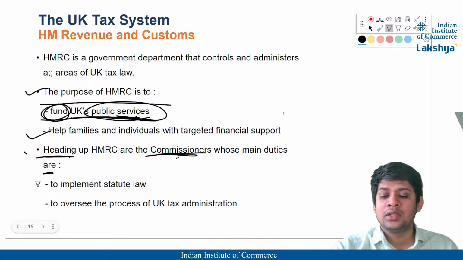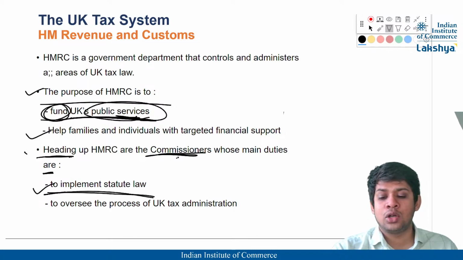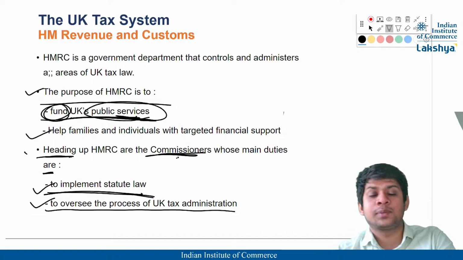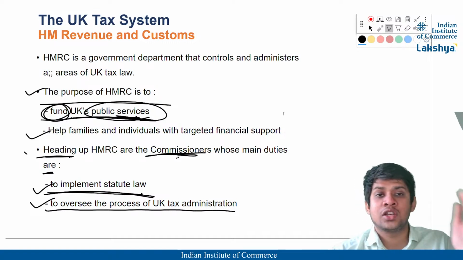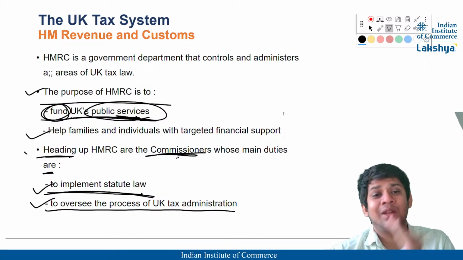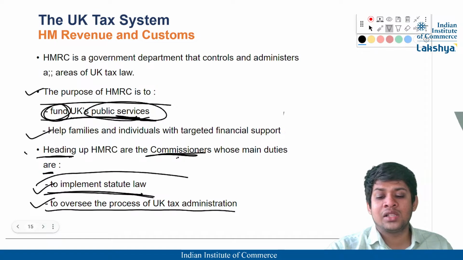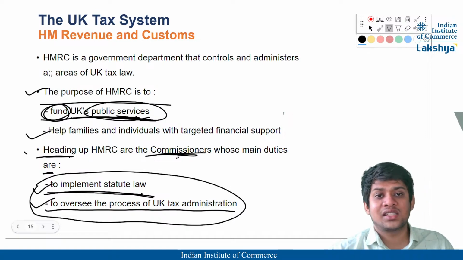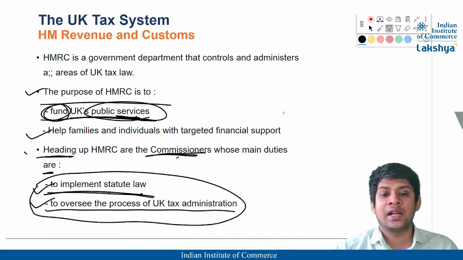They are there to implement the statute law and oversee the process of UK tax administration, so that import and export is well under control, and the taxation burden is not too high and not too low on the individuals. They take into consideration the outgoing and incoming cash flows within the UK tax system. That is mainly what the commissioners take into consideration.